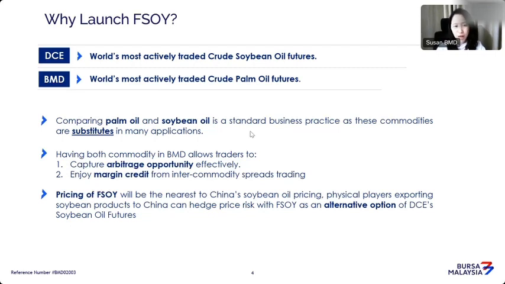Comparing palm oil and soybean oil is a standard business practice, as these two commodities are substitutes in many applications. Many traders compare the prices of palm oil and soybean oil and create spread strategies, or they use palm oil or soybean oil for the same business purpose, which is why having both commodities on BMD allows the trader to capture the arbitrage opportunity effectively.